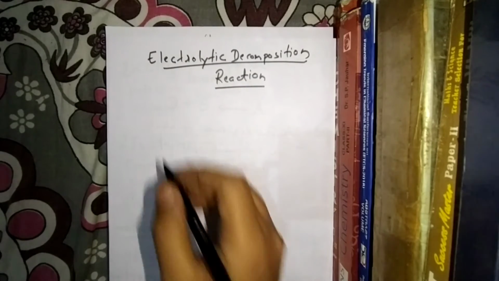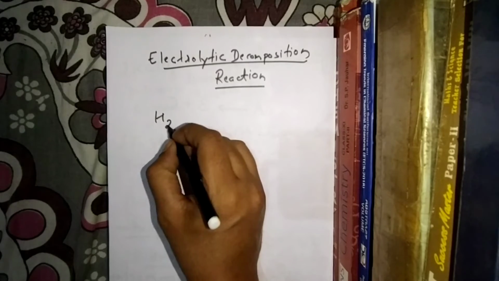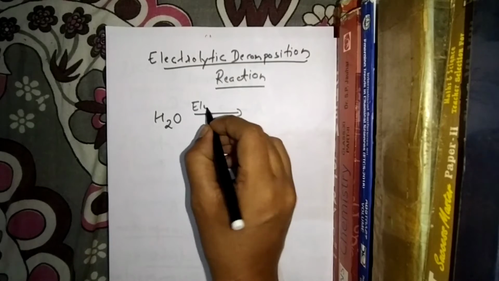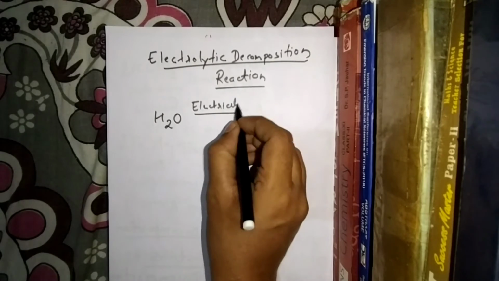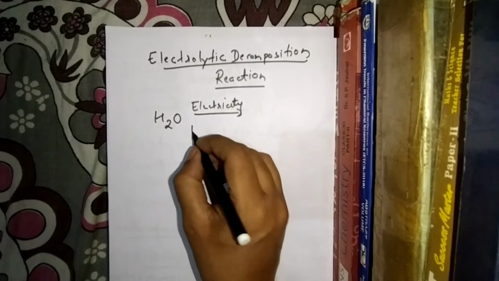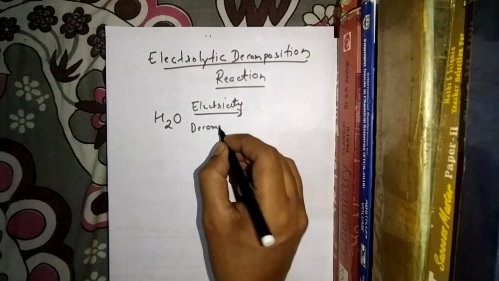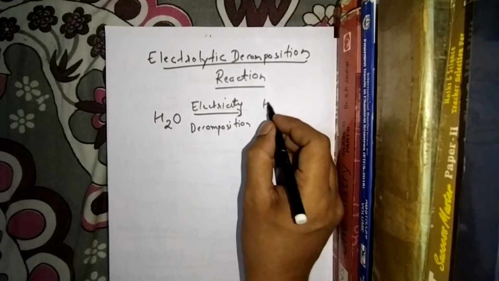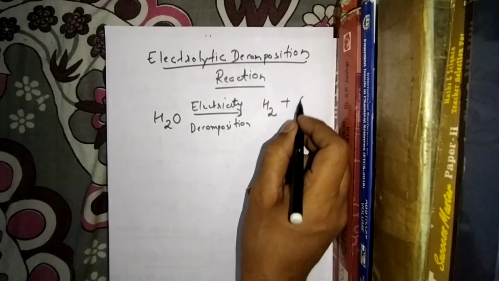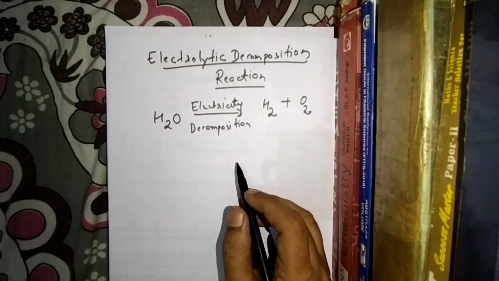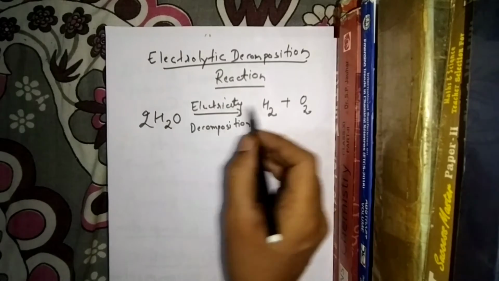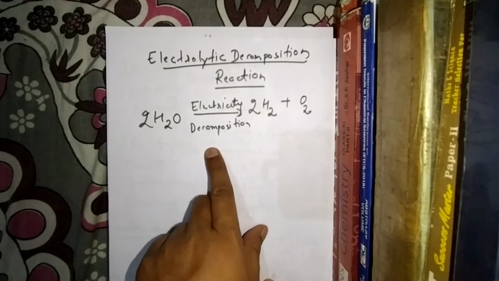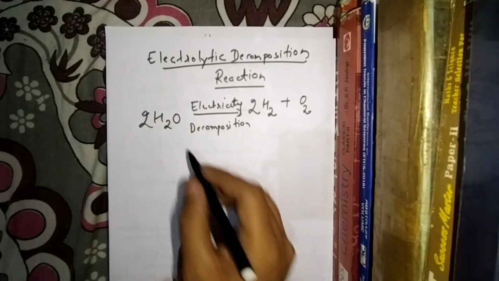Let us quickly take an example. When we take water and we apply electricity into it, then it will decompose into hydrogen and oxygen gas. And this process is known as electrolysis.